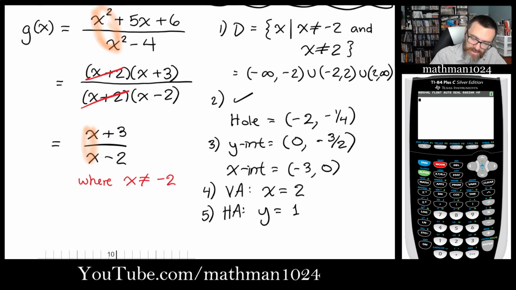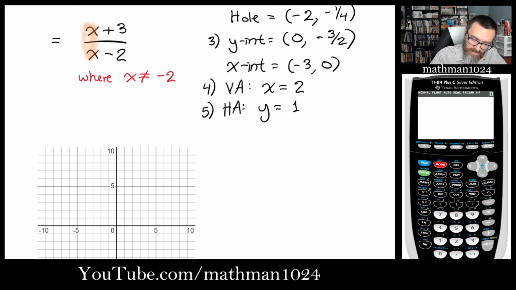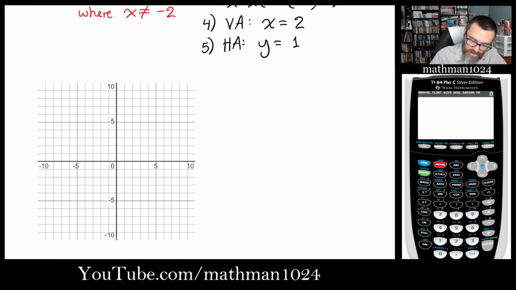All right, so let's start to put this information together and see what we have. So we have a vertical asymptote at x equals 2. So let's get that on here. Horizontal asymptote at y equals 1.